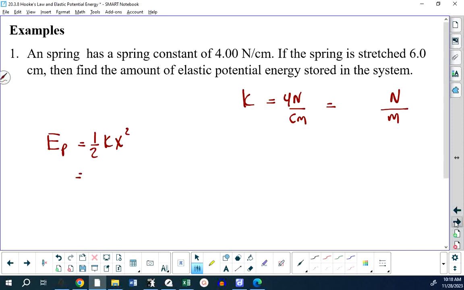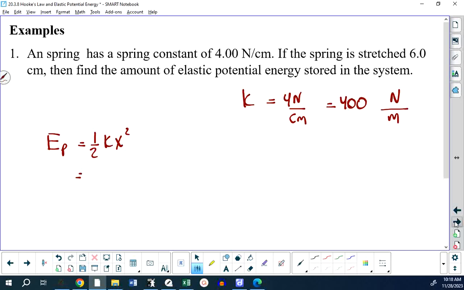Some of you will think centimeters to meters is divided by 100, and that's true. But we're not converting centimeters to meters, we're converting per centimeter to per meter. If it takes 4 newtons to stretch it this much, then it's going to take 100 times more to stretch it a meter. So this is going to be 400 newtons per meter.